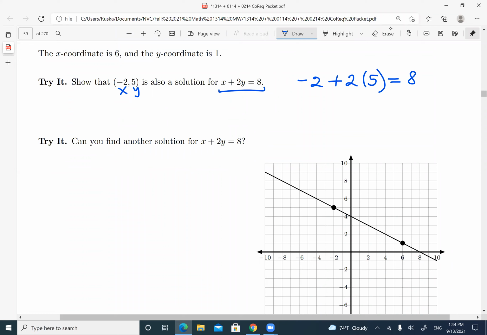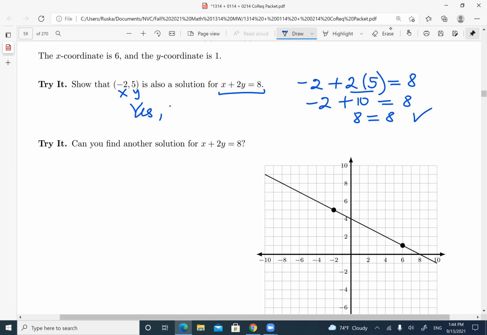We multiply first: 2 times 5 is 10, right? So I have -2 plus 10. Does that equal 8? Yes, on the left side 10 minus 2 is 8, equals 8. It's true, so the answer is yes, it's a solution. Any questions?